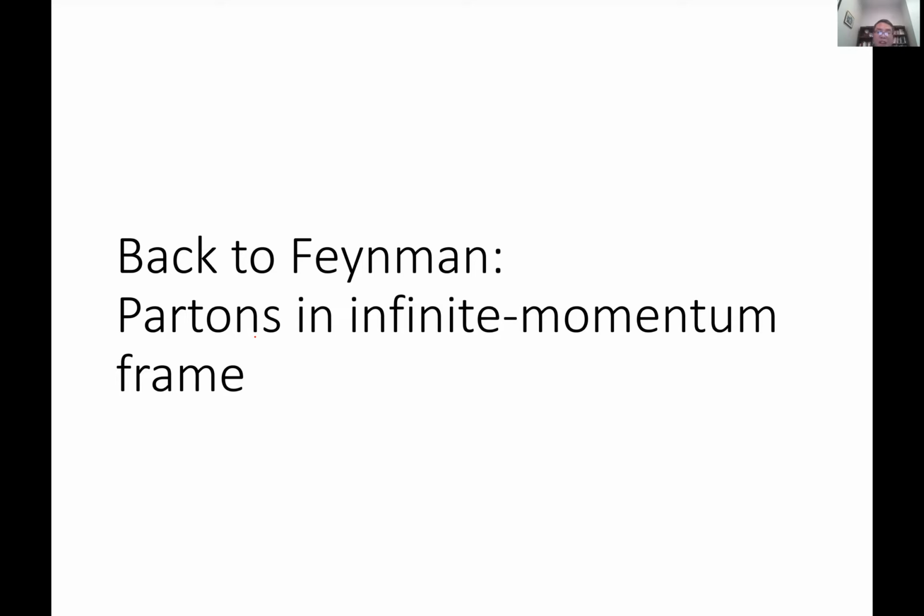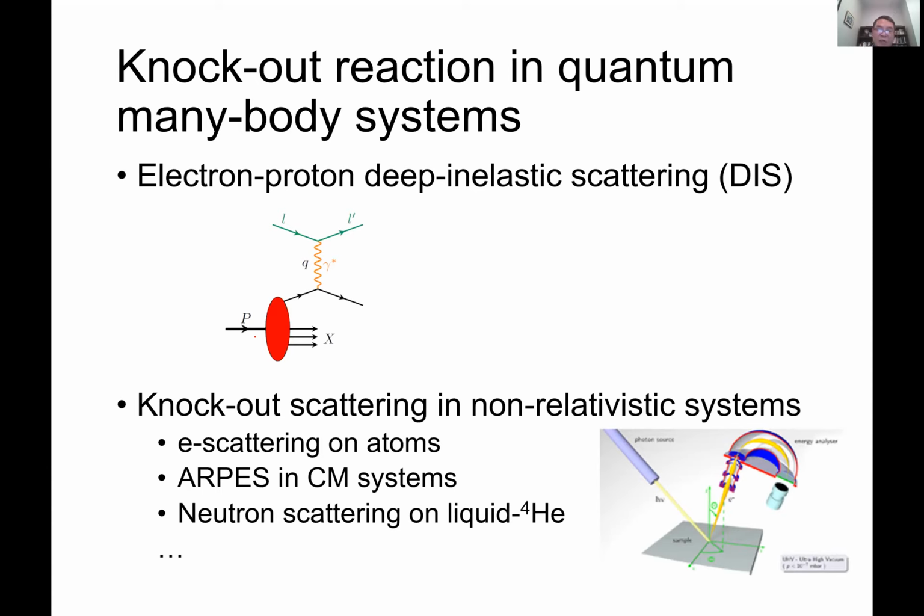When Feynman proposed the Parton model, he was studying deep inelastic scattering, the electron-proton deep inelastic scattering. And this process is, in fact, a continuation of many similar processes people have studied in the past. In the early days, people started with electron scattering on atoms or condensed matter systems, and you knock out particles in those systems. The modern day method in condensed matter physics is called ARPES.